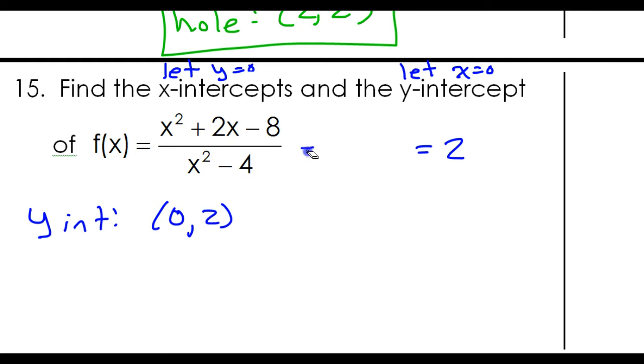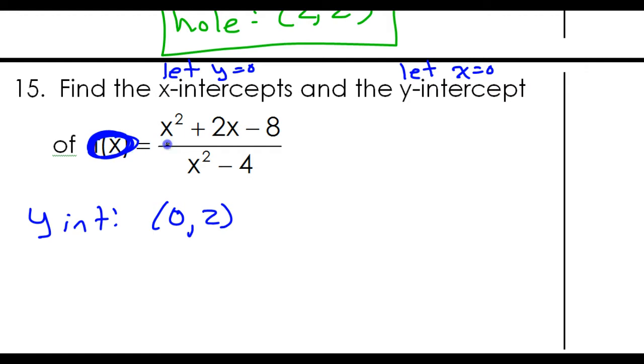Now, let's talk about the x-intercept. Like I said, technically, if we want the x-intercept, we let y equal 0. By the way, this is basically y over here, so we're letting this be 0. But here's the thing. When you have a rational function and you want it to equal 0, the denominator can't be 0 because that would be undefined. Only the numerator can be 0.